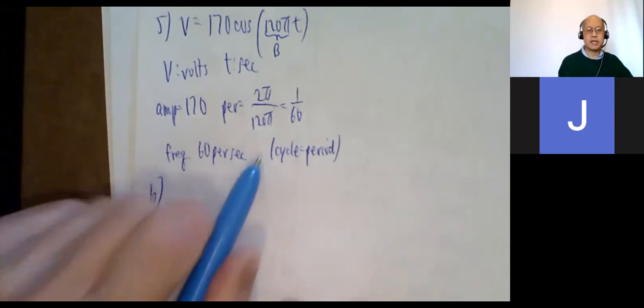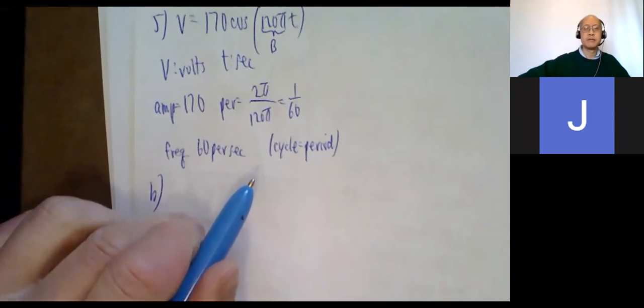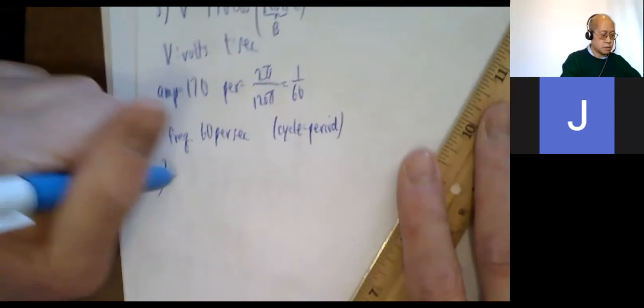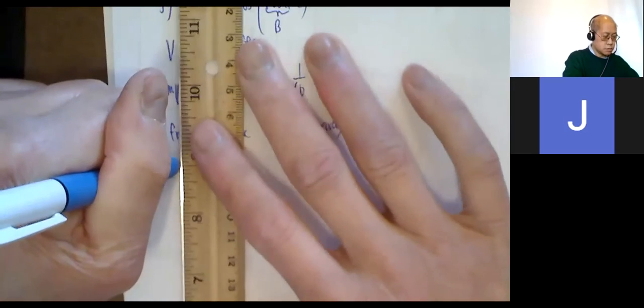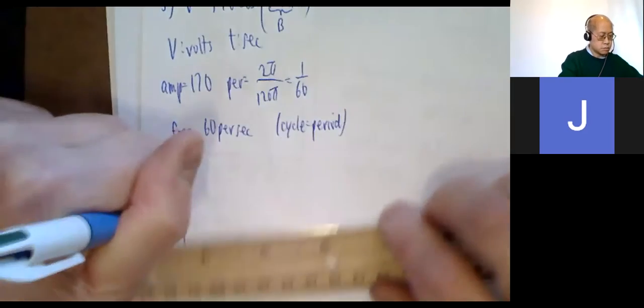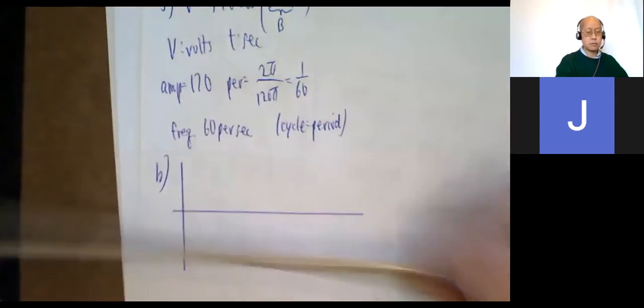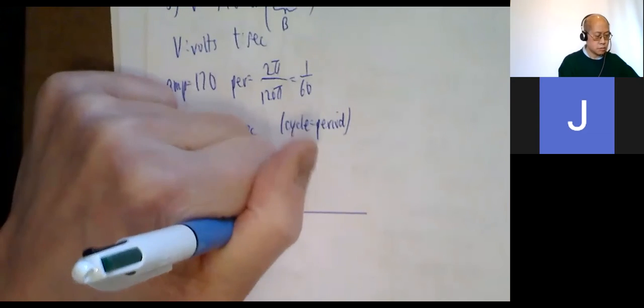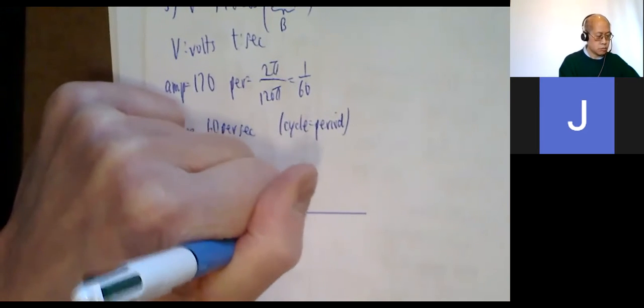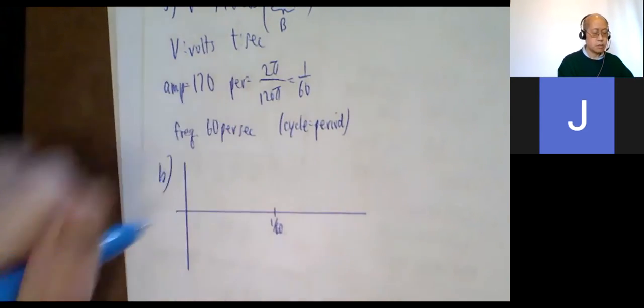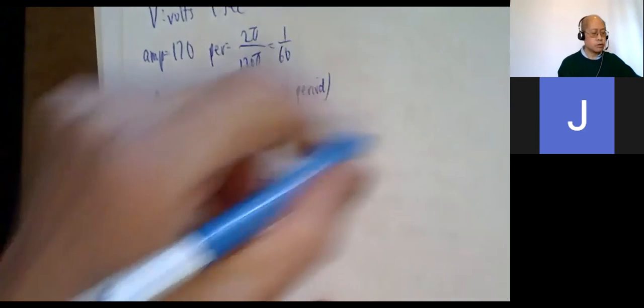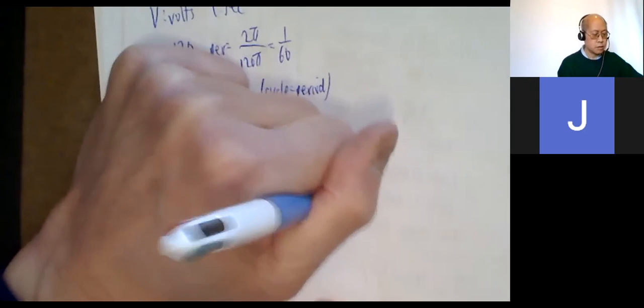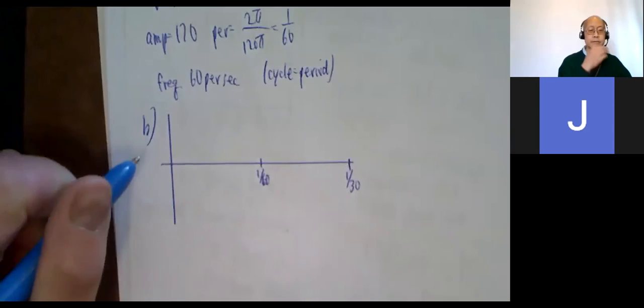So 1 over 60, it's not very much. Double that, 2 over 60, reduces to 1 over 30.